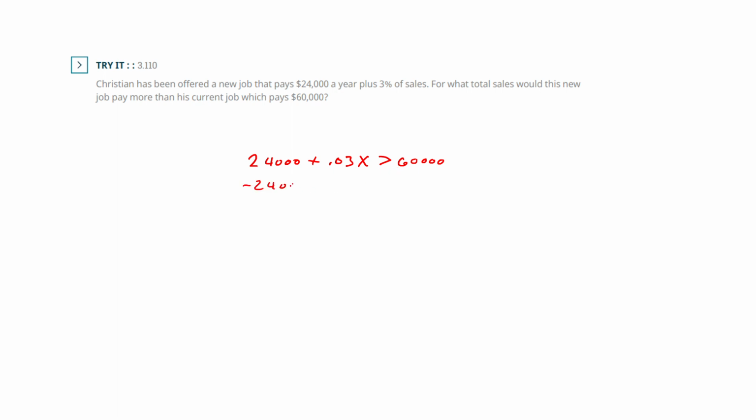Okay, so now we're going to get greater than 36,000, divide both sides by 0.03.